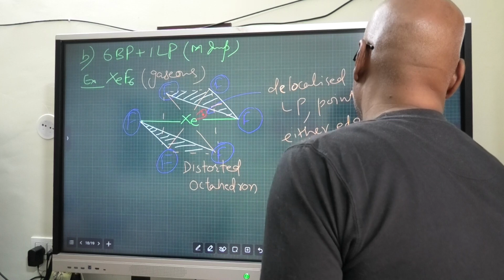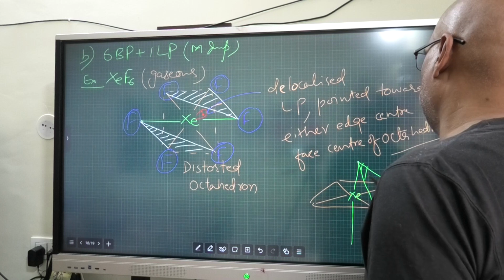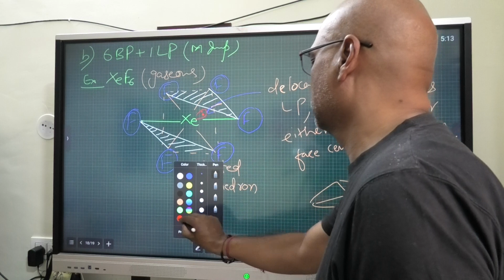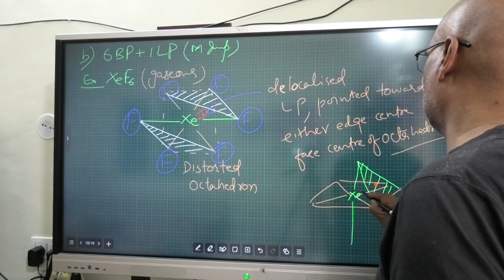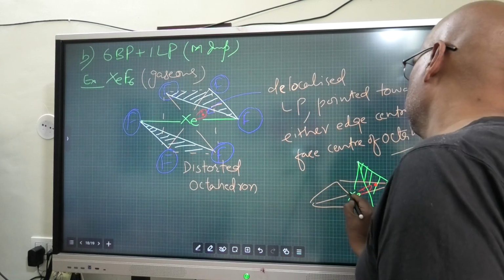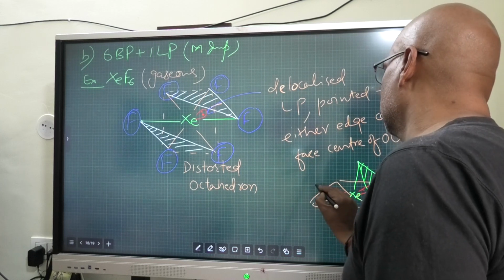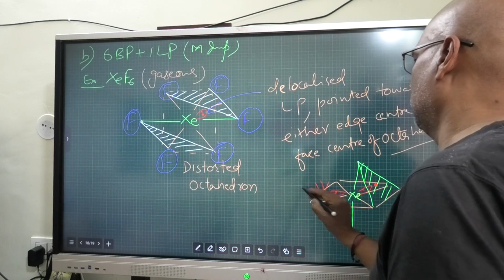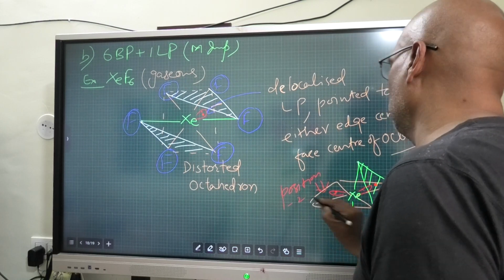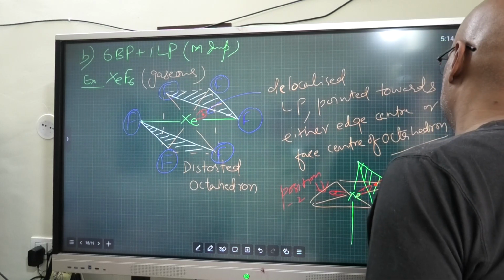Xenon here. Okay, so we can draw a face. This is the face, so the center of the face will be here. Either the lone pair is pointed towards this face center, or it may be pointed towards this edge center. This is the edge center. So these are position 1 and position 2.